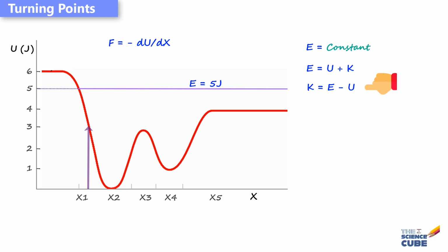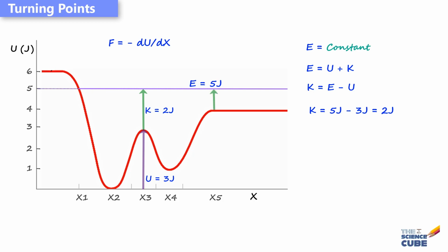So as an example, at x3, you can see the U value or the potential energy is 3 joules. Then, since the total energy cannot exceed 5 joules, the K value has to be this height, which is nothing but 5 joules minus 3 joules or 2 joules. Then you can see here that beyond point x5, the kinetic energy becomes constant at 1 joule because the potential energy is constant at 4 joules, which kind of fixes the value of kinetic energy.